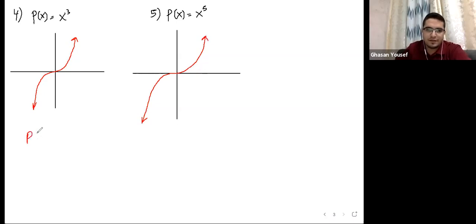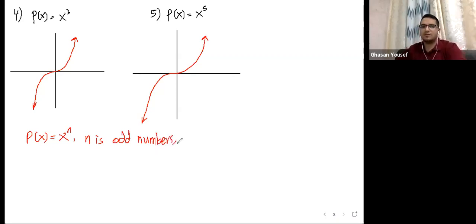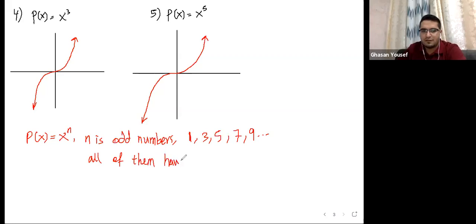So when p of x equal x to the power n, and n is an odd number. What are the odd numbers? 1, 3, 5, 7, 9. Exactly. Thank you. All of these are odd numbers. So the graph would have the same shape, all of them.